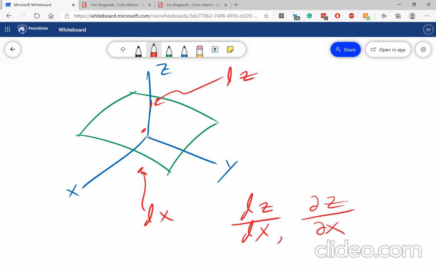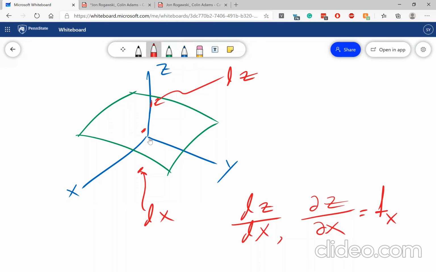Instead of d, we're now using partial derivatives. But it's doing the same thing. We are saying, okay, I want to take a small step in the x direction. How does that change my z direction, assuming that y is left constant? And another notation that we use for this is f sub x, the partial of f with respect to x.